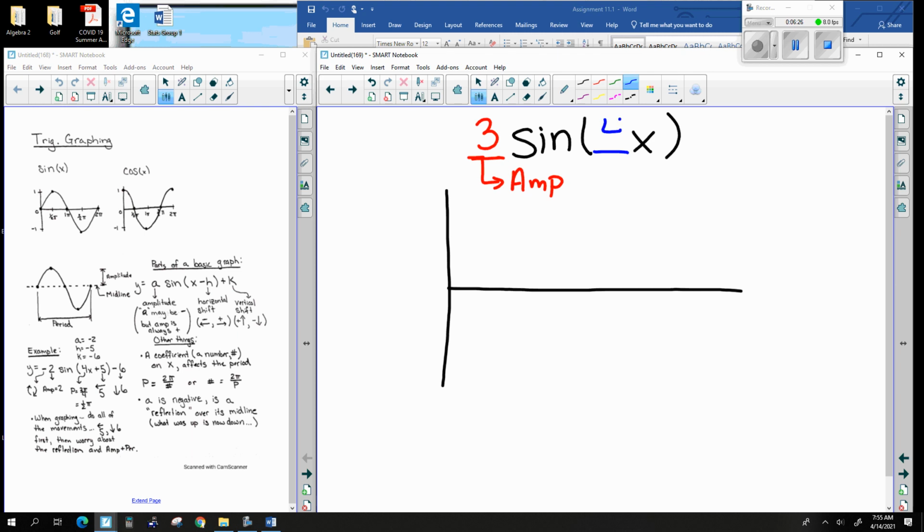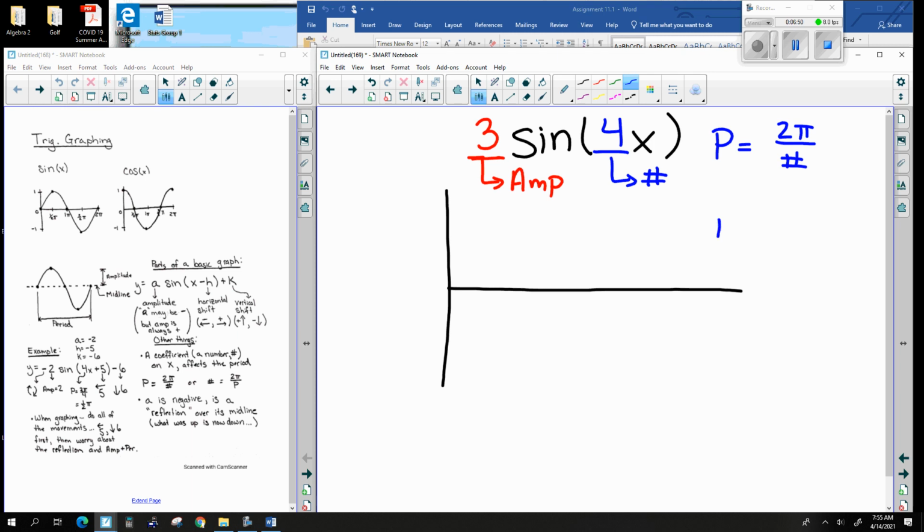And then if there is a number in front of the x, that is the coefficient. It affects the period, and here's how. Here's the only math really involved with this entire chapter. The period itself is equal to 2 pi divided by that number.